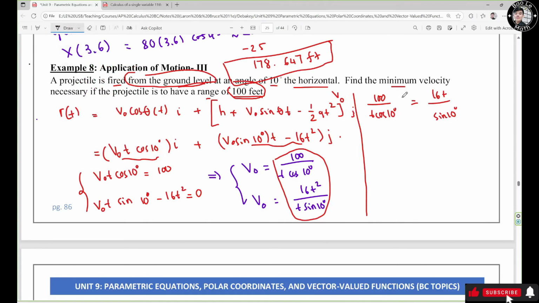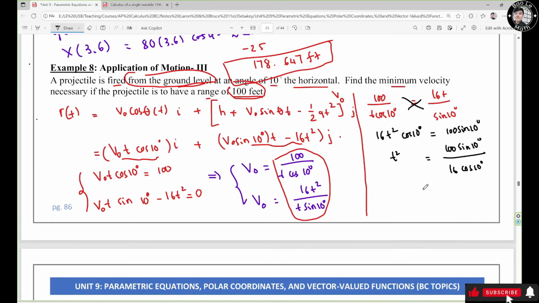Now I just cross multiply, right? So I have 16 t squared cosine 10 degree equals 100 sine 10 degree, right? So t squared equals 100 sine 10 degree divided by 16 cosine 10 degree, right?